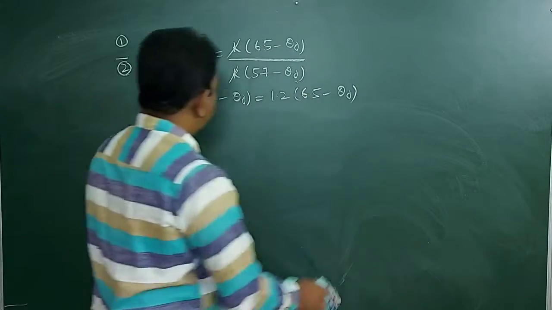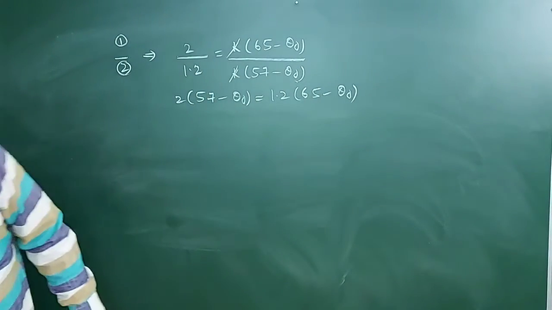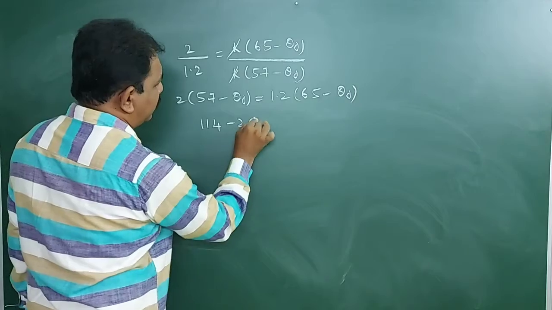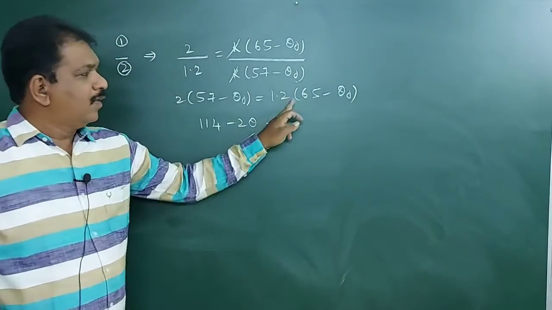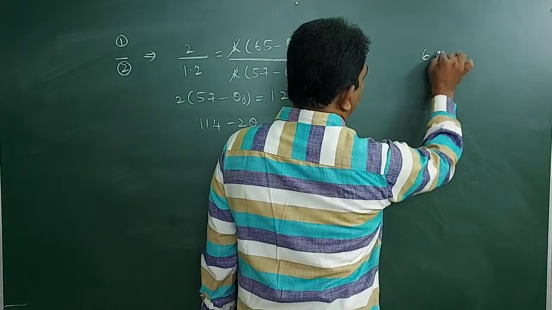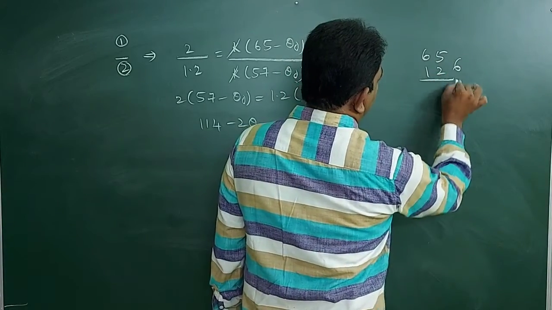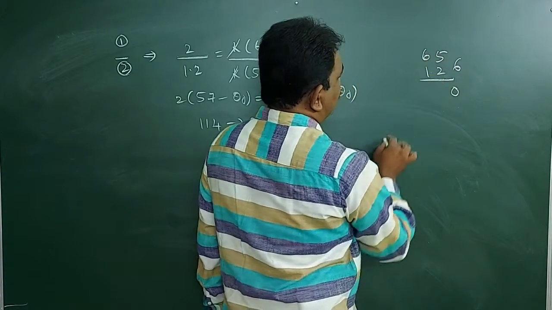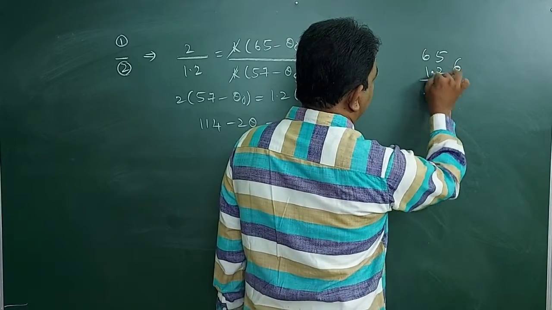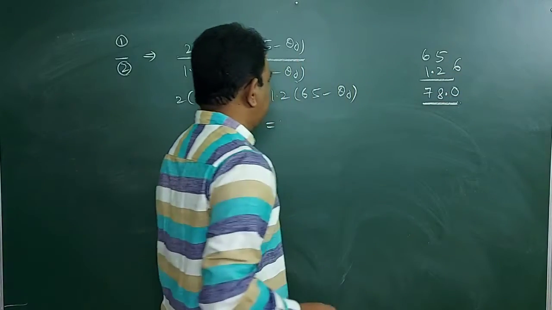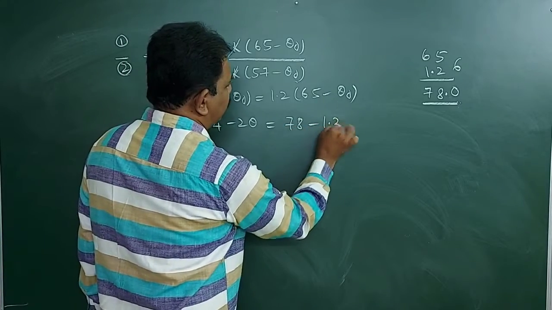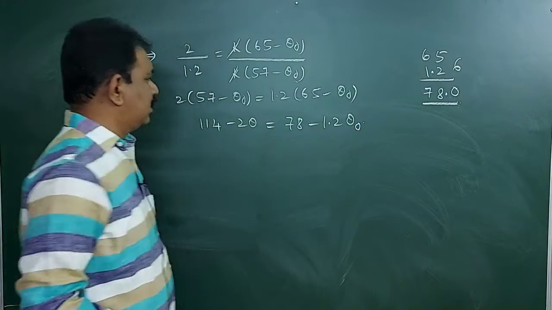So 2 into 57 means 114 minus 2 theta naught, equals 1.2 into 65. 12 5s are 60, 12 6s are 72, so 78, because there is a decimal point. 78 minus 1.2 theta naught.